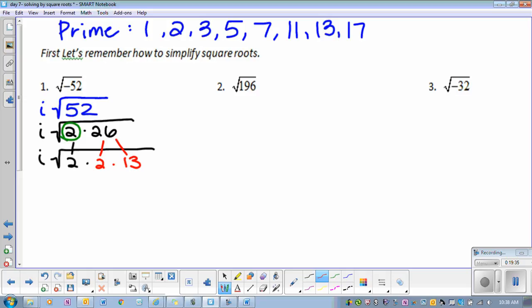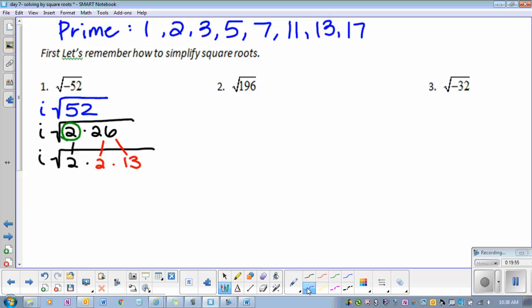So, can I break down 2? No, it's a prime number. Can I break down this 2? No. 13? No. So I have all prime numbers, and now I'm ready to decide what stays and what goes.